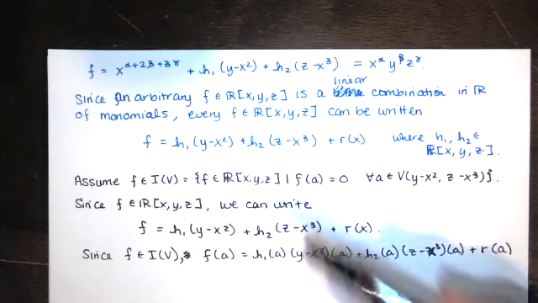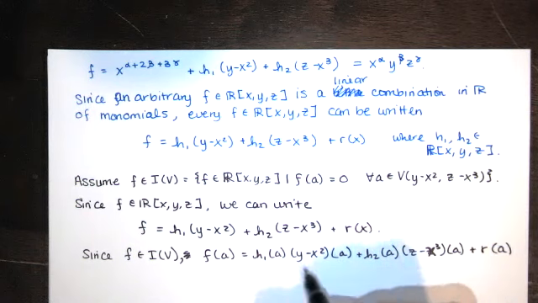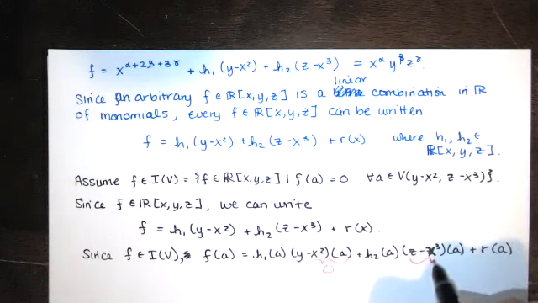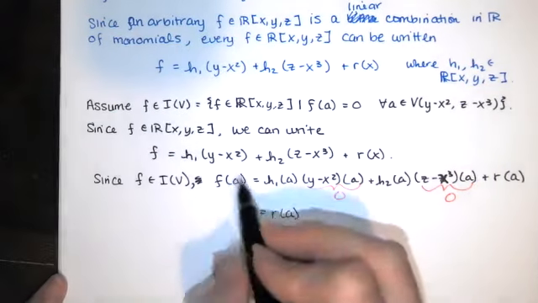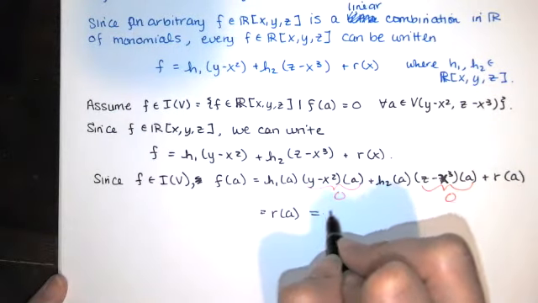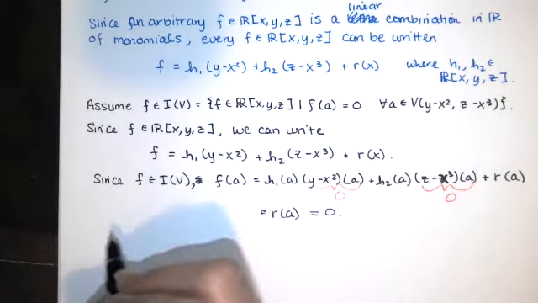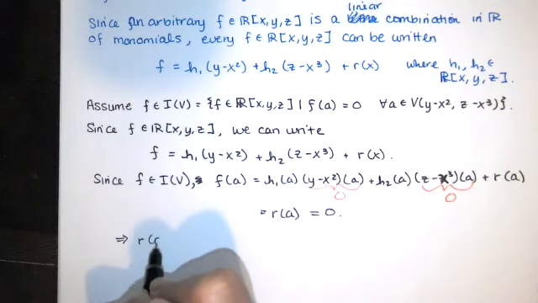Now, since a belongs to this variety, we know that this is 0 and this is 0. So all we end up with is that f of a has to equal r of a, and f of a is also equal to 0. So we must have r of a equals 0.